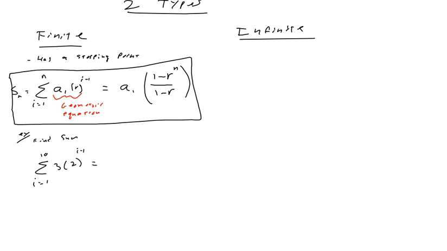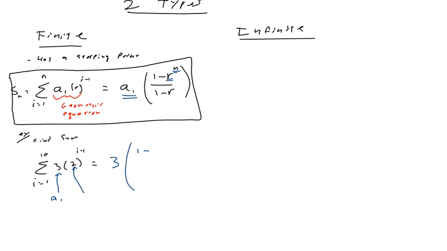And so I need to identify some pieces. I need to know what a1 is, what r is, and what n is. I need those three pieces to lay out my formula. So here, this part right here is a1. So now it's going to be 3 times 1 minus r to the power of n, over 1 minus r.